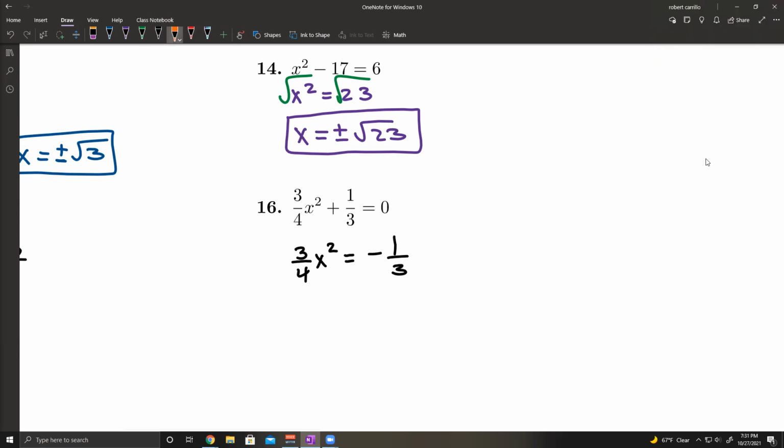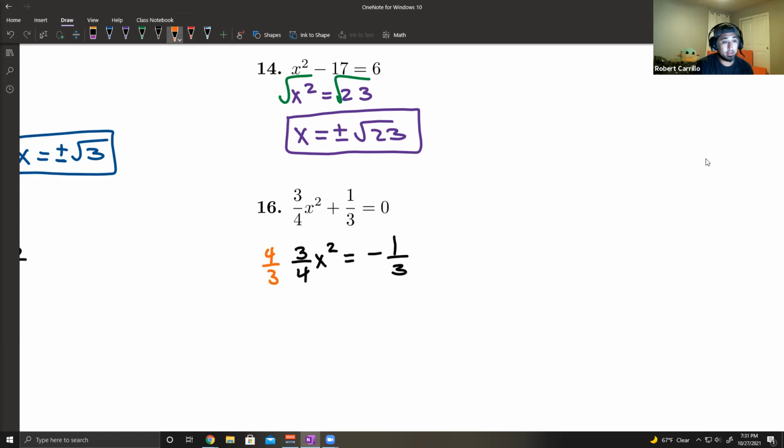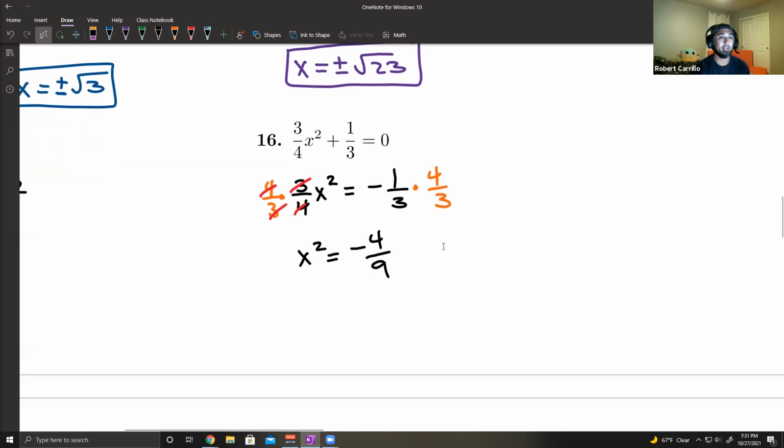Reciprocal, always easy. Multiply both sides by 4/3. And cancel, cancel, cancel, cancel. You get x squared equal to -4/9. Then square root both sides, and you'll get x equals plus or minus.